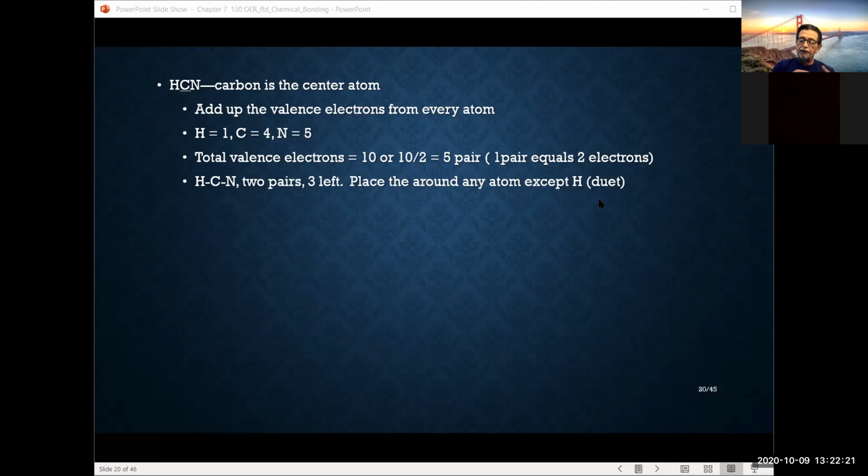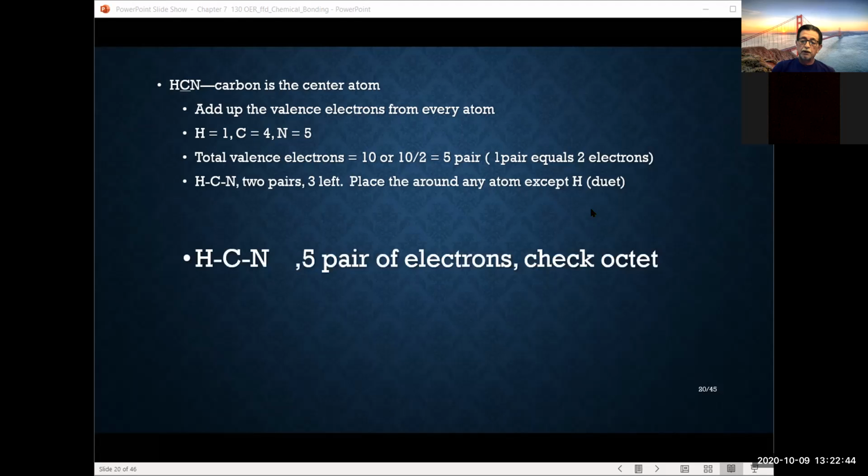That gives me 3 pairs left to work with, and I have to put them on one of the atoms. Obviously, I cannot put them on hydrogen because hydrogen is now full with its duet rule. So the only place I can put them is either on the carbon or the nitrogen. Put them on any atom you want, just don't violate the octet rule.